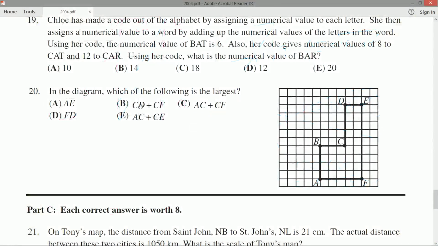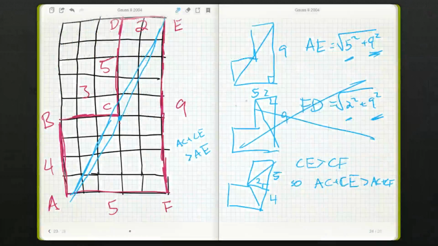Now it's just a question of B or E, and I think we're just going to need to calculate these. CD is 5.